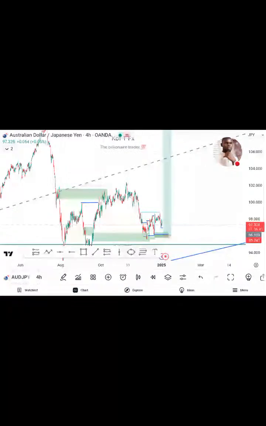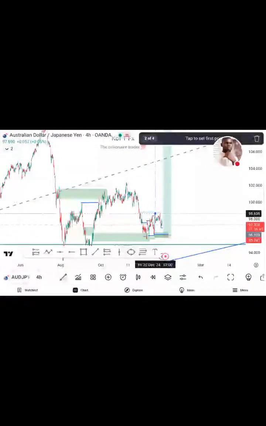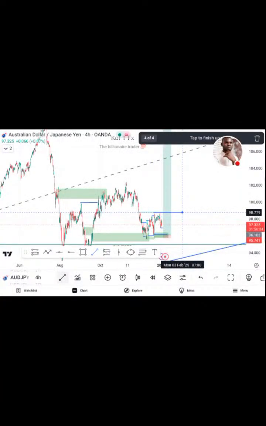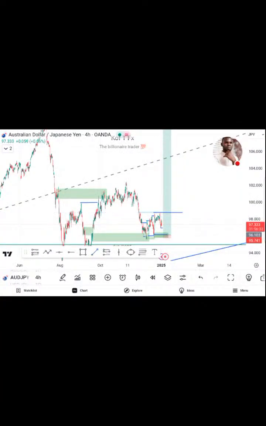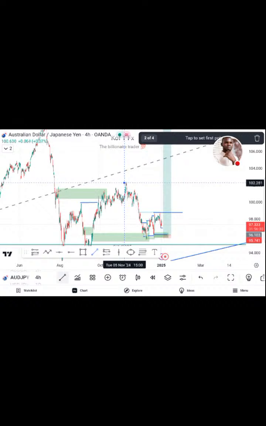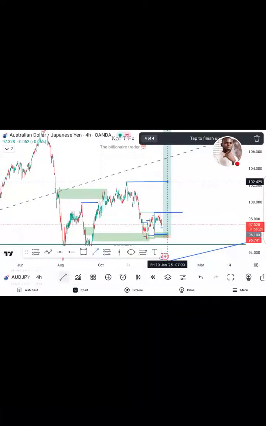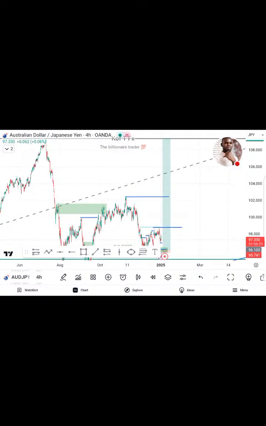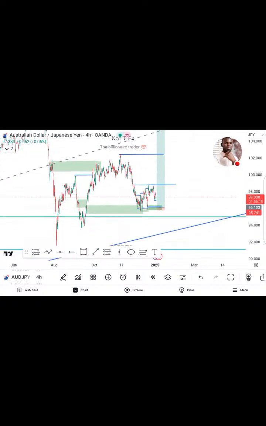And let me mark out the TPs. TP1, TP2 and final targets above that.